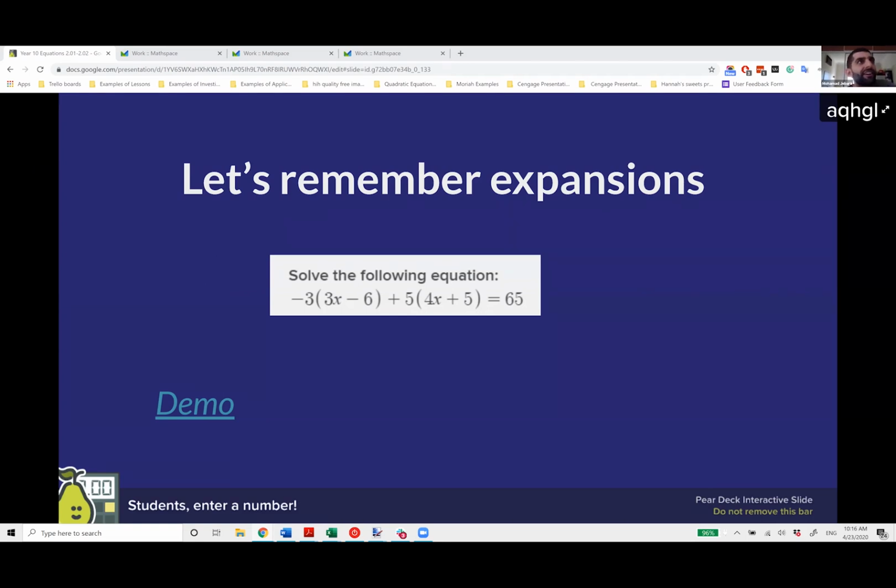I don't know if you're right yet, but definitely fast. Remember your binomial expansions, and in particular when you have a negative multiplied by a negative. It's probably the most common mistake we'll get on this question.